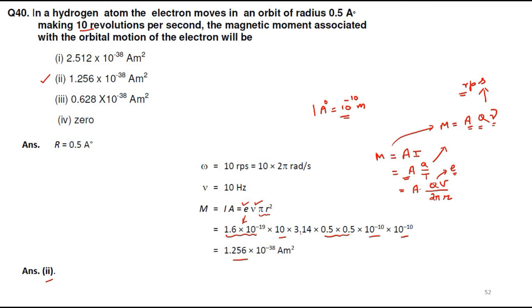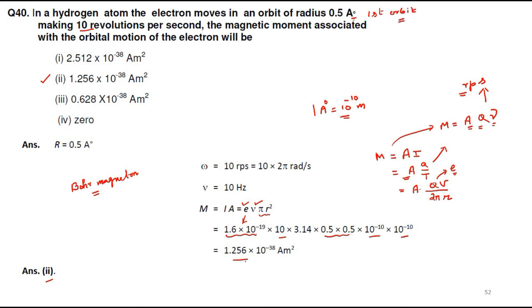But actually this is supposed to be what is known as the Bohr magneton. That means the magnetic moment of the hydrogen atom when the single electron revolves in the first orbit, the radius of the first orbit.